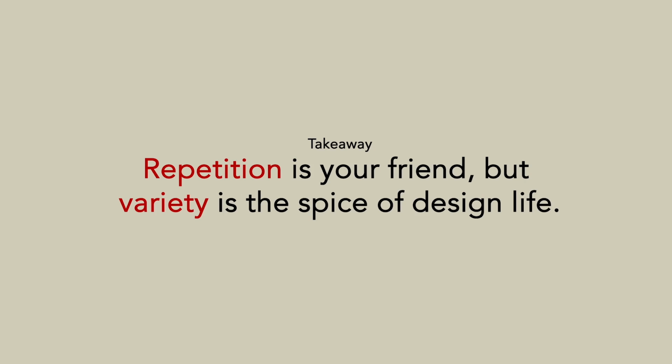So the takeaway: repetition is your friend, but variety is the spice of design life. Add some flair, keep it interesting, and watch your design come to life. It's like a symphony. The right notes of repetition and variation create harmony.